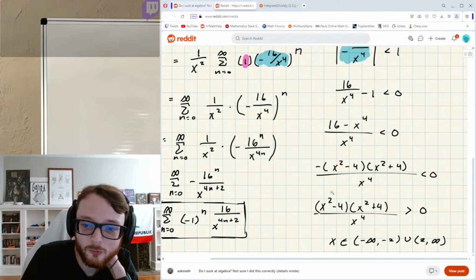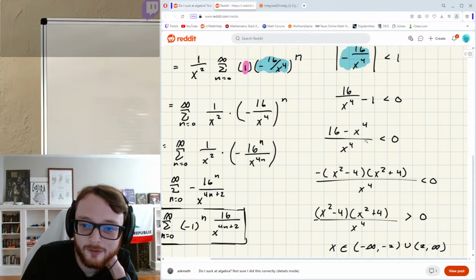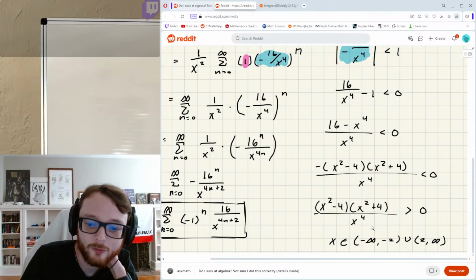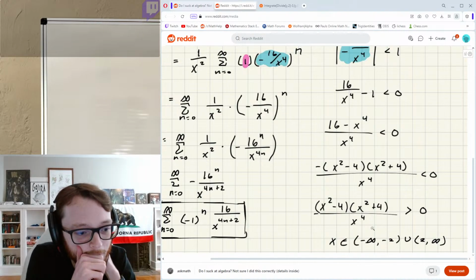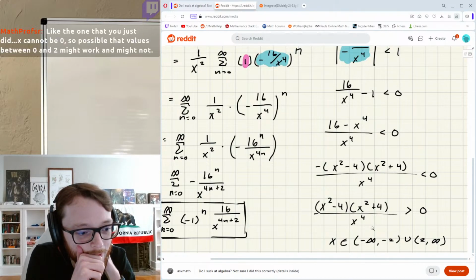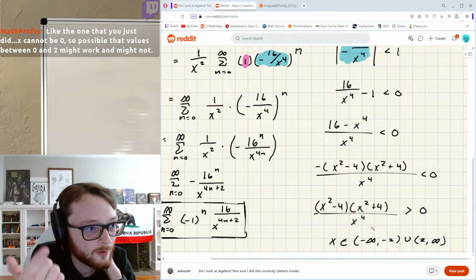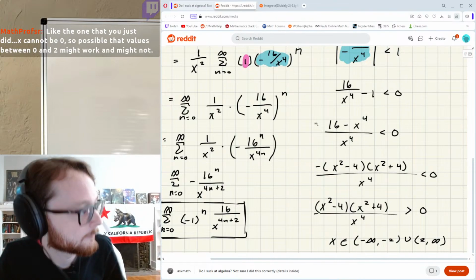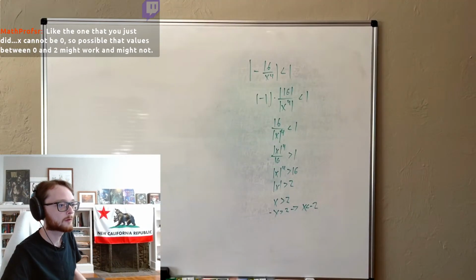So at least from this person's work, let's verify their work. So yeah, you get x equals plus or minus 2 or x equals 0. X can't be 0. The possible values between 0 and 2 and 2 might work and might not. So we want to test less than negative 2, negative 2 to 0, 0 to 2, and 2 to infinity. We'd have the four regions there. Correct?